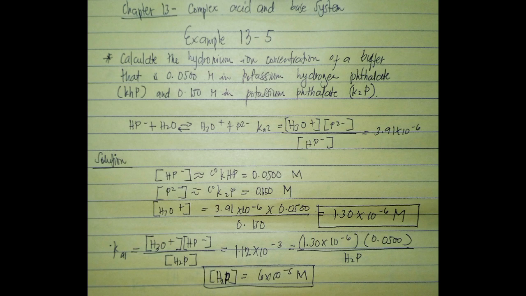To check the first assumption, an approximate value for H2P is calculated by substituting numerical values for H3O+. So therefore, we get the expression here.